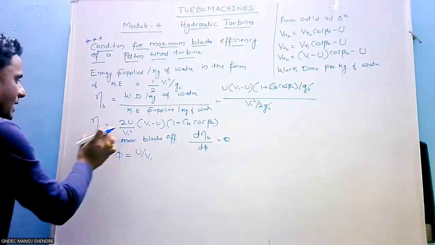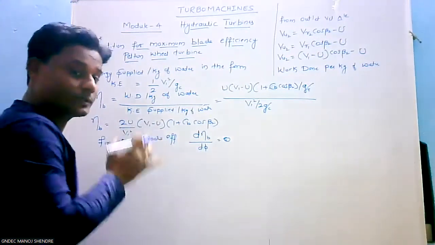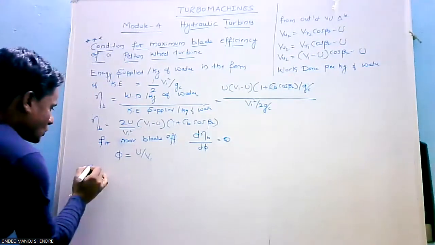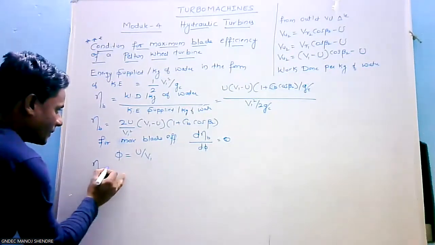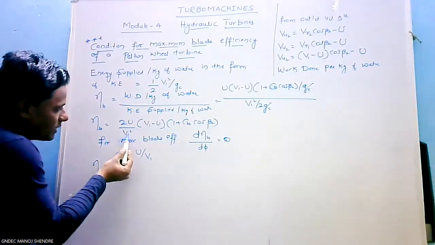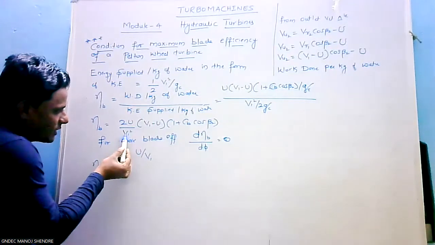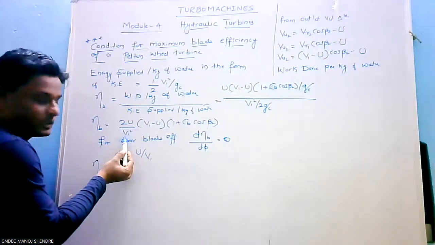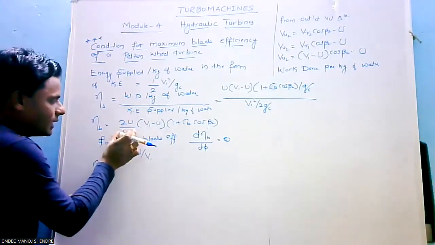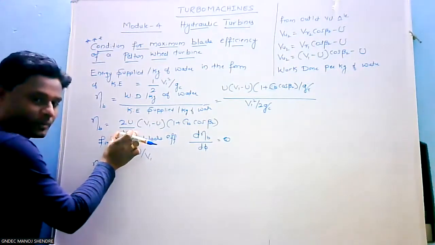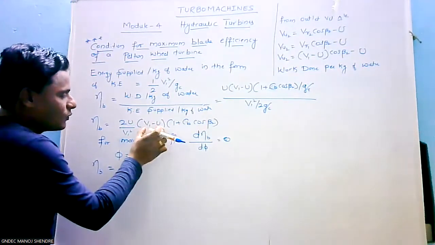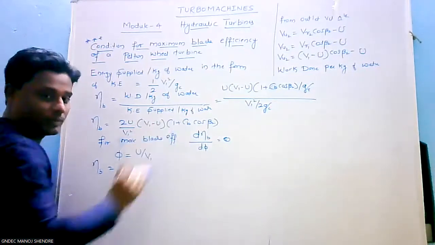Now let us write this equation in the form of speed ratio, that is phi. So eta b equals, let us split this V1 square. I'll keep one V1 outside the bracket and send one V1 to the denominator inside the bracket.